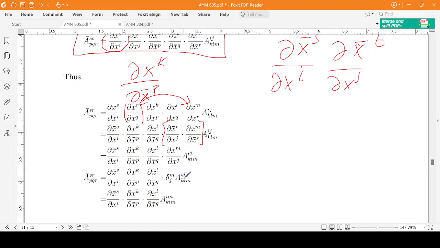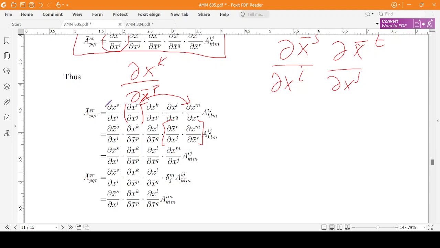So that when j is m, then we replace this j with m, and we see that now we end up with a tensor where the contravariant index has been reduced by 1 and the covariant index has been reduced by 1.